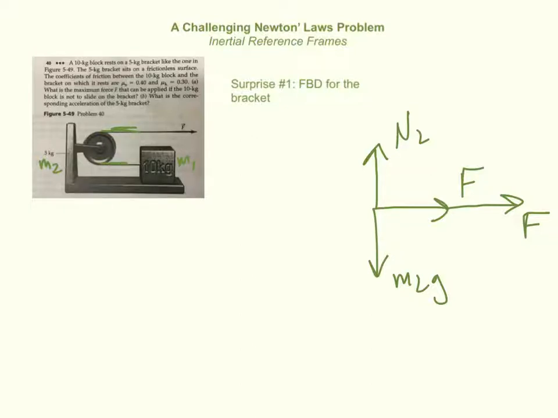Strange, isn't it? And then finally, there's a friction force from the 10 kilogram block backwards on the bracket. Notice that our free body diagram is unbalanced to the right, so we would expect acceleration to the right. Let's continue to the next surprise.